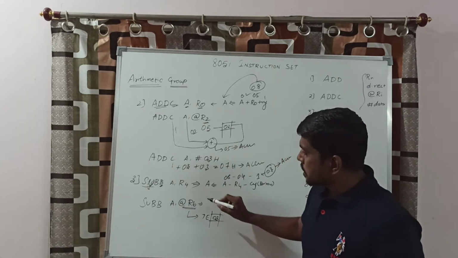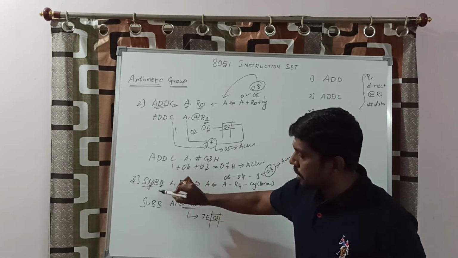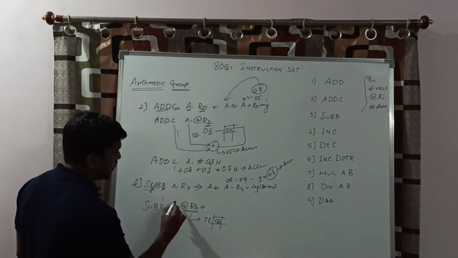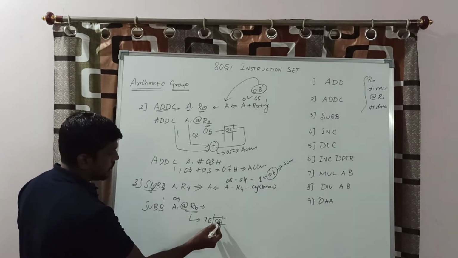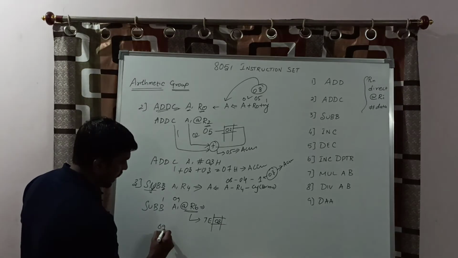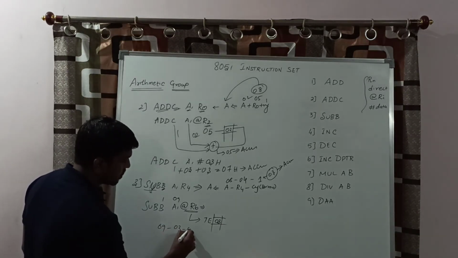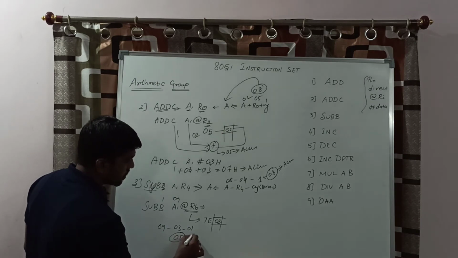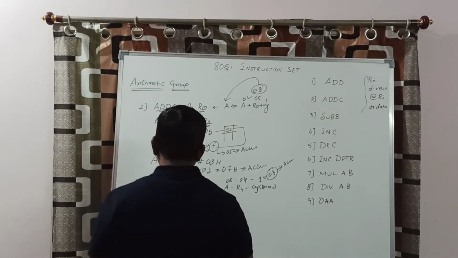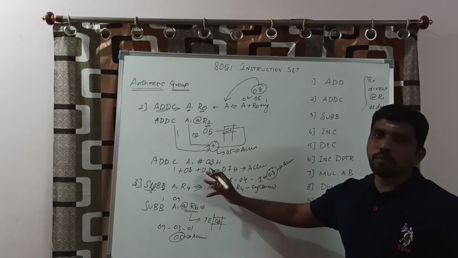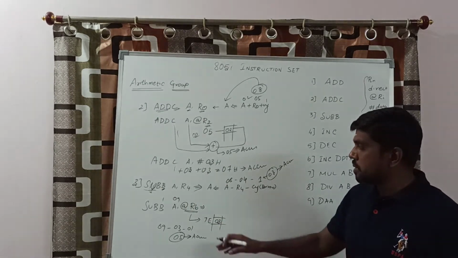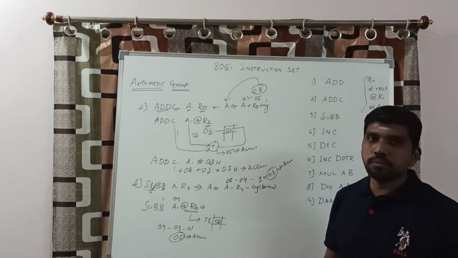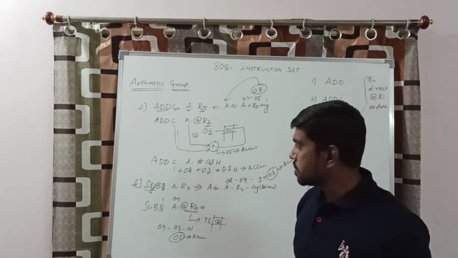This content is subtracted from the accumulator content and the borrow value. Let us consider borrow value 1, accumulator value 9 and immediate data 3: 9 minus 3 minus 1, the final result 05. This content is loaded in the accumulator. Likewise, you can replace the source values. Instead of R4, you can use an immediate value, any value.